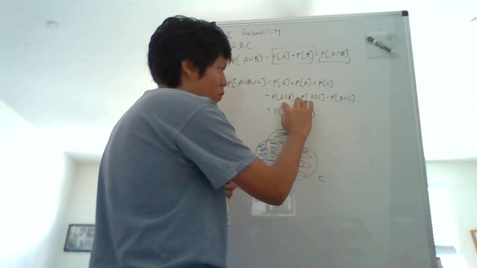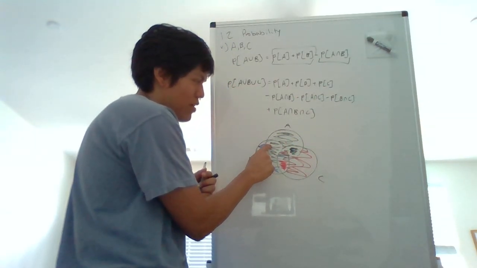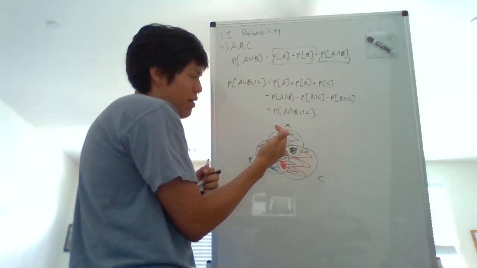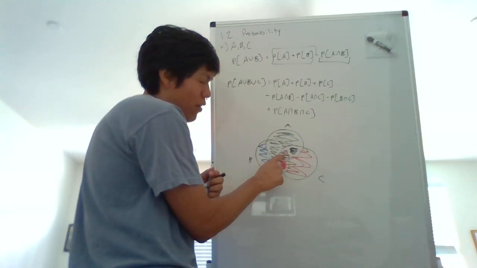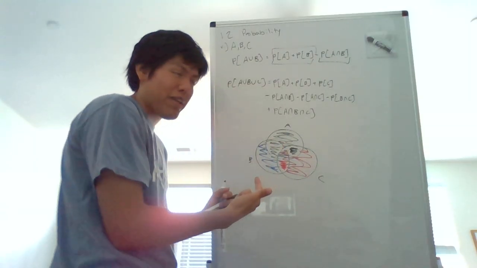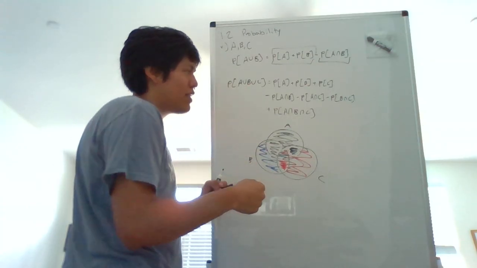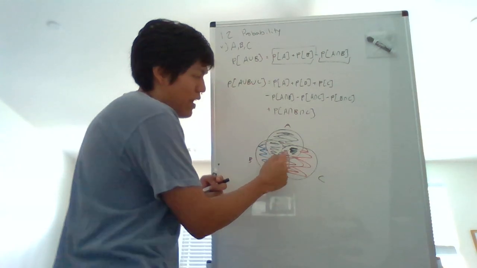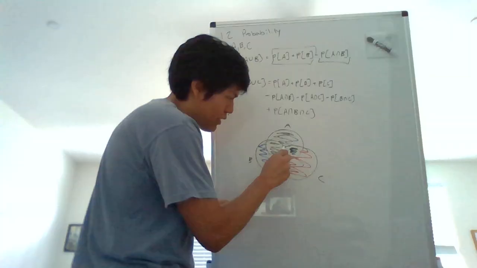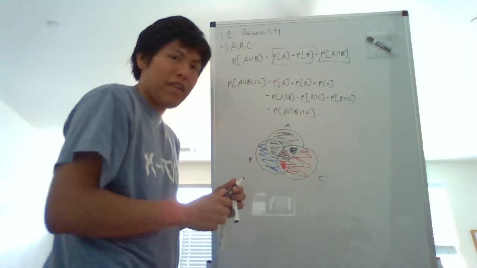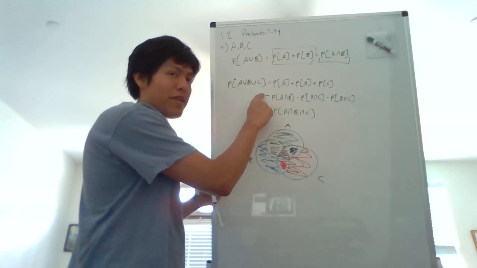Now we subtract one from each part where two events intersect, which is 1, 2, and 3. But now we have to add in the part where all three intersect, because we haven't discussed it yet up until right now. So now we have to add this middle section, that middle triangle part where all three of them intersect, back into the total probability of the union of all three.